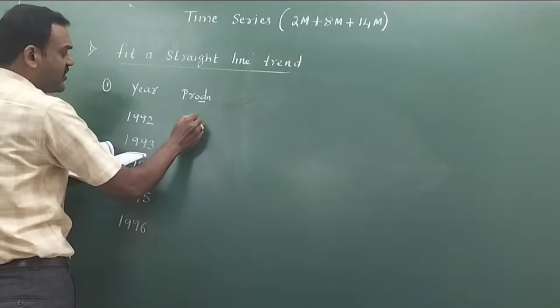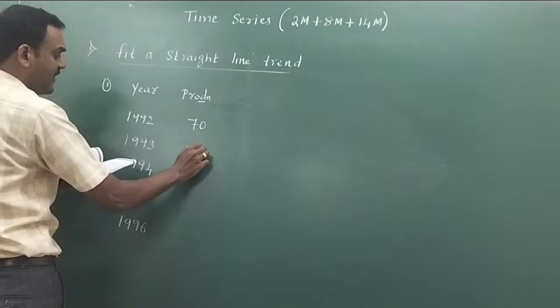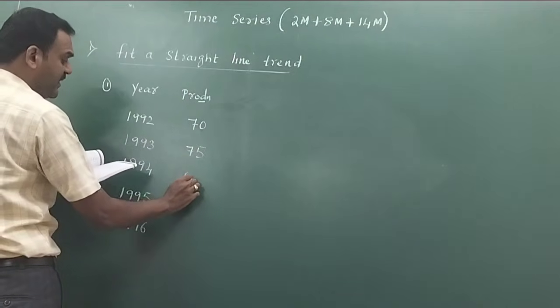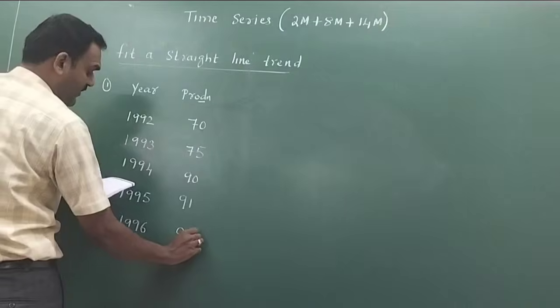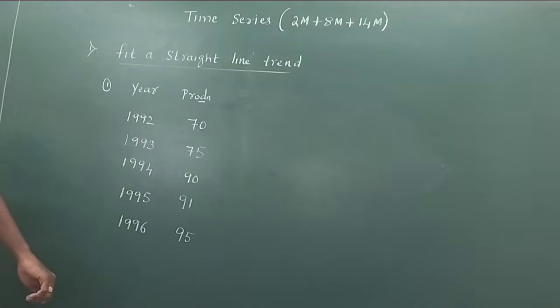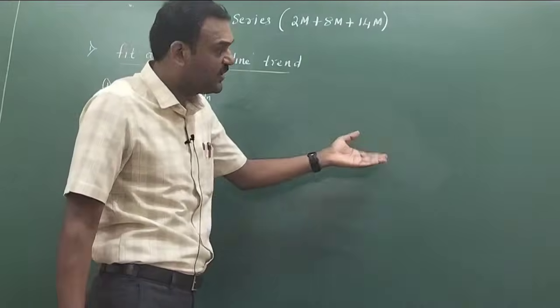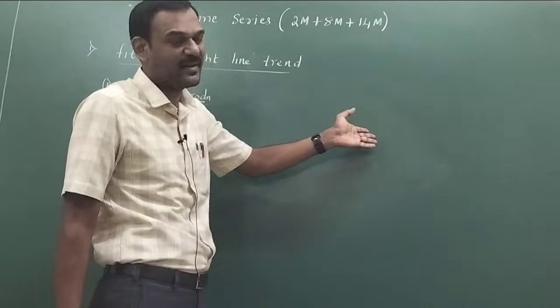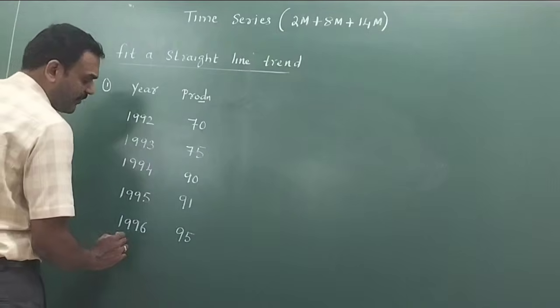And production: 70, 75, 90, 91 and 95. This is the question. But usually in a 14 marks question they give 7 to 8 years. I consider only 5 years, but the method is the same.